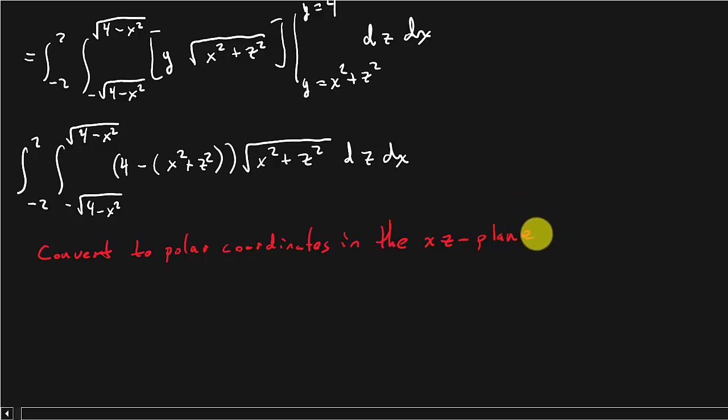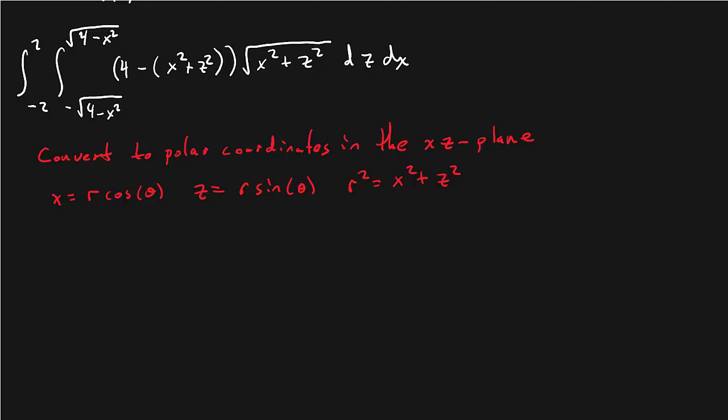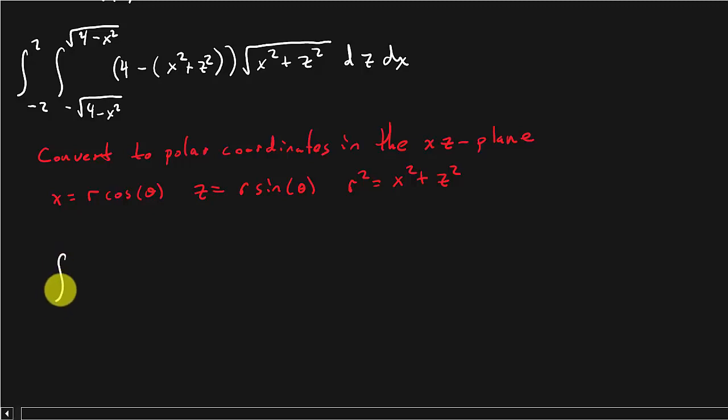Okay, so that would be x is equal to r cosine theta, z would be equal to r sine theta, and then I would have r squared is equal to x squared plus z squared. All right, so let's change it. So I've got my integral.